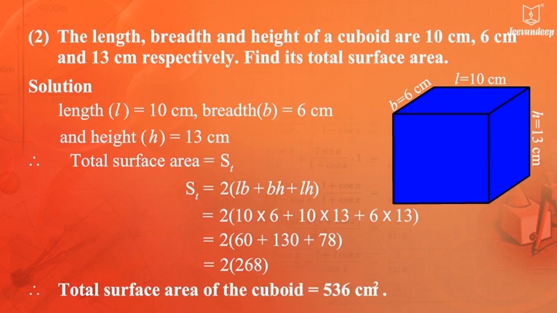Therefore, total surface area of the cuboid equals 536 centimeters square.